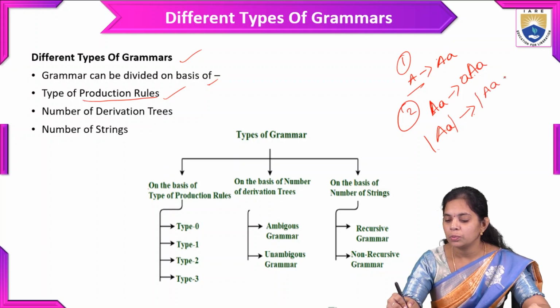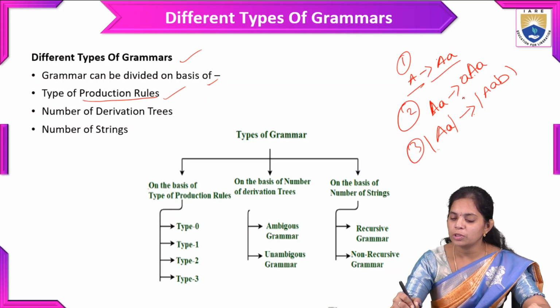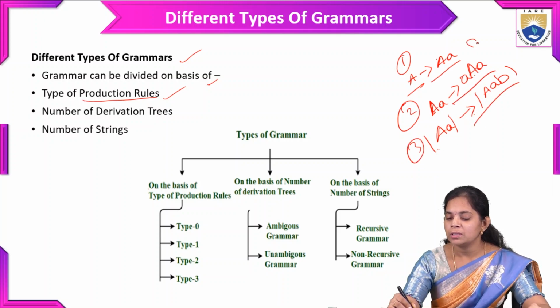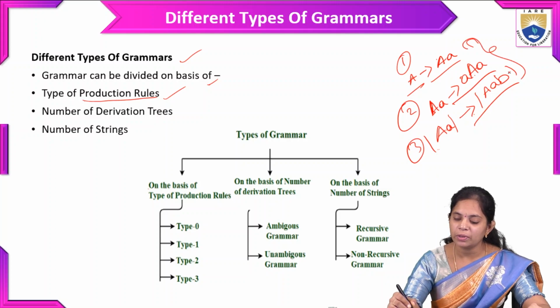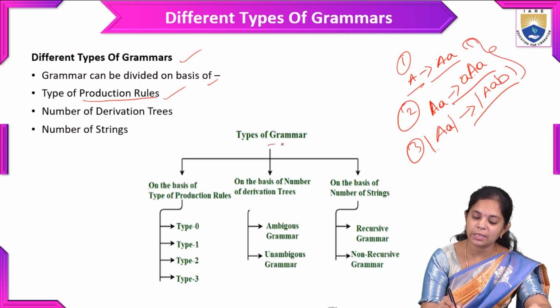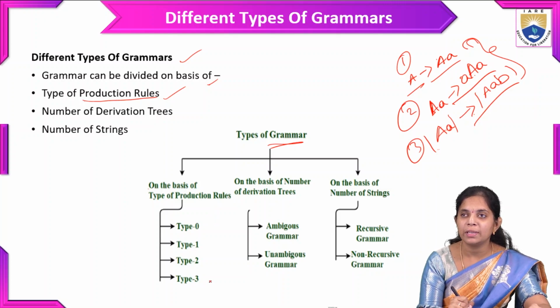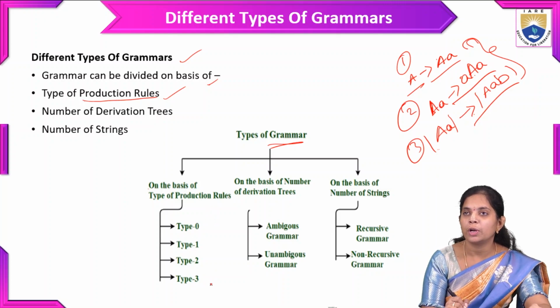These are the different types of production rules we have, and based on these different types, we can divide the grammar.